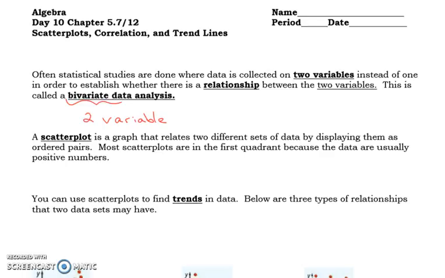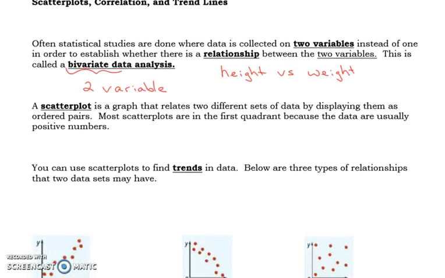So is there some type of relationship perhaps between a person's height versus their weight? Or is there a relationship between the number of hours that you spend studying and your height, for example, which of course there would be no relationship there. A scatter plot is a graph that relates the two sets of data by displaying them as ordered pairs.